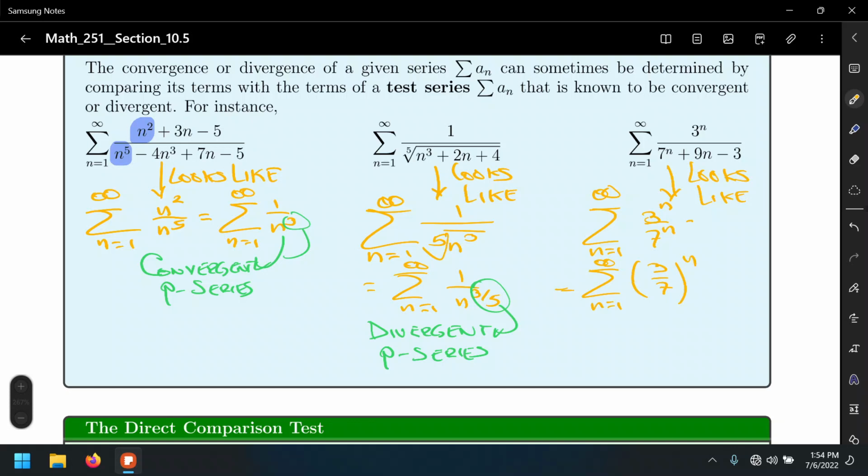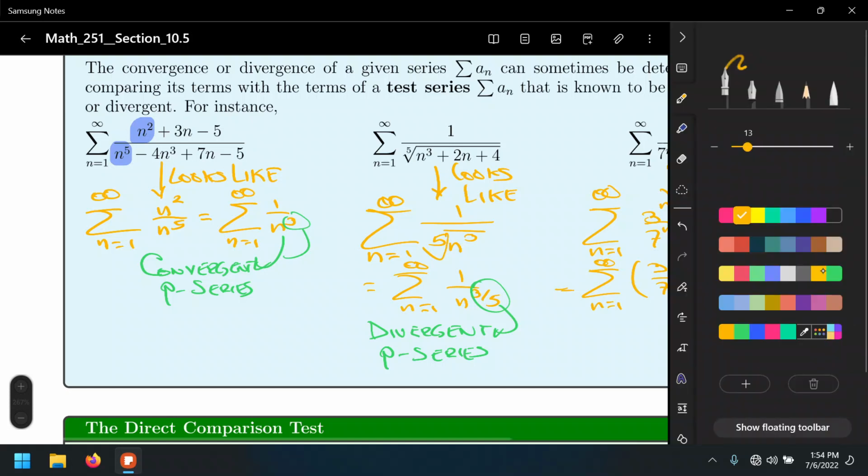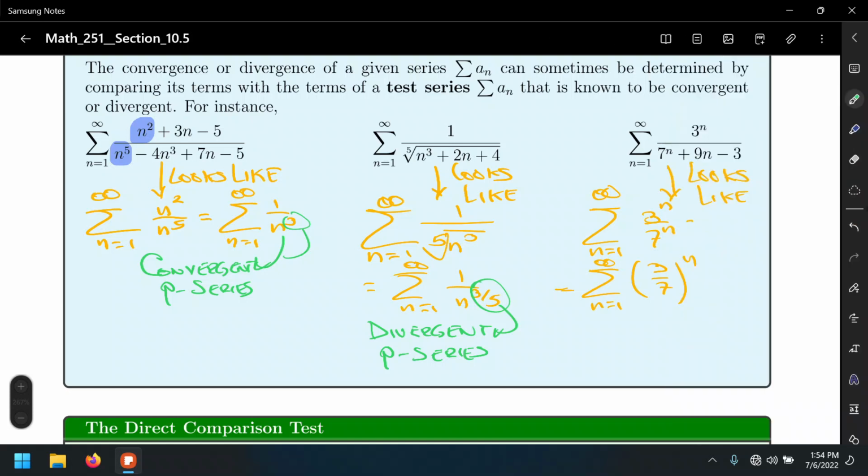Now, does that series look familiar from something that we did before? What is it? The one with the A and the R. What is that? Geometric series. Well, in this case, the value of r is 3/7. That's the number that gets raised to the power of n. Because this 3/7 is less than 1, then what do we have?